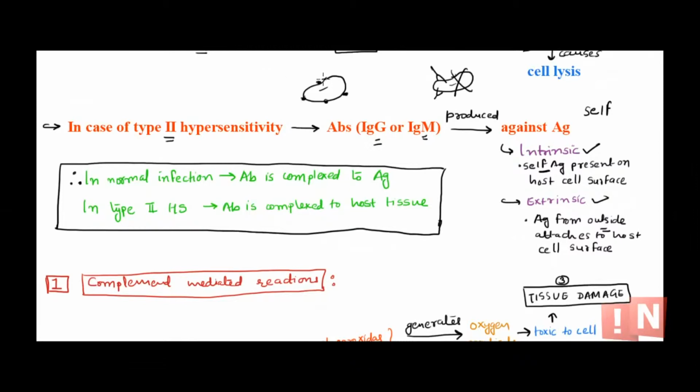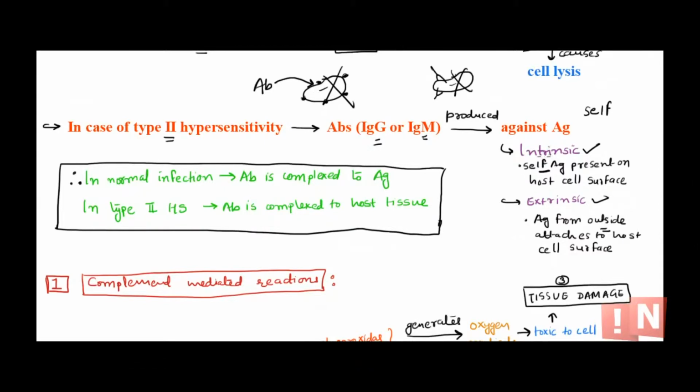But when it binds to your own cell, now this becomes an antigen. So your body is going to mount an immune response against your cell only because the antigen, or the hapten in this case, is bound to your own cell. So what you're destroying is your healthy own cell.